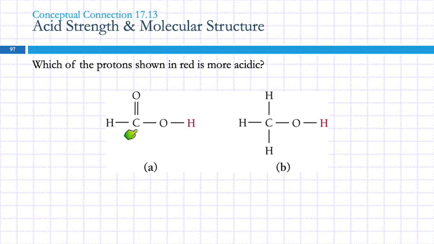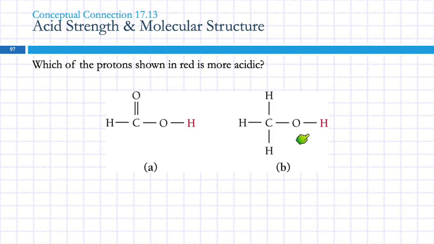So this carbon has hydrogen and oxygen. The hydrogen and carbon share things equally, they're fine, but oxygen is an electronegative element, and so it's going to pull electron density away from other things. Over here, this carbon just has 3 hydrogen atoms, and so there's no assistance in pulling away electron density.